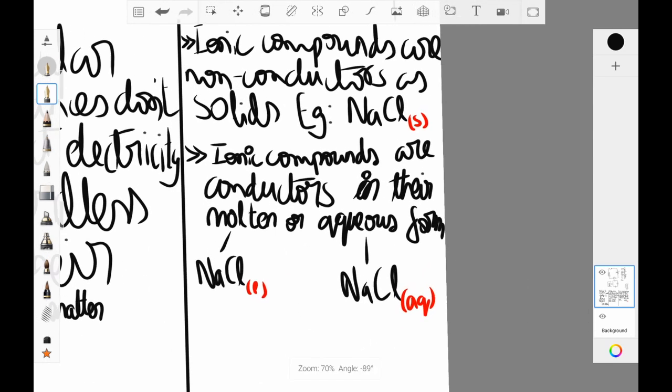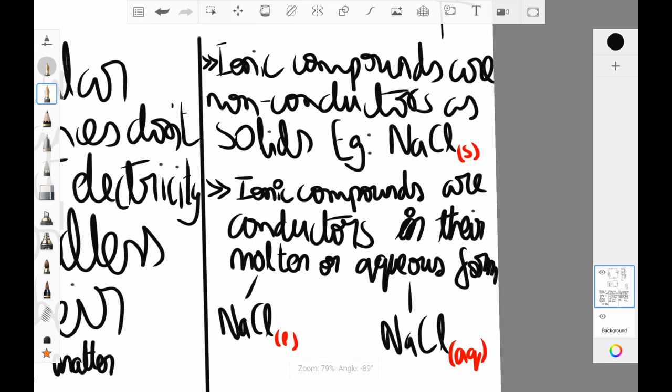Number three, ionic compounds are a little quirky. So as solids, ionic compounds are non-conductors. So for example, NaCl as a solid crystalline structure, or NaCl crystals, are non-conductors.